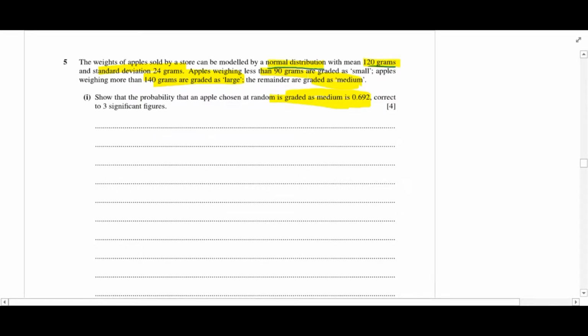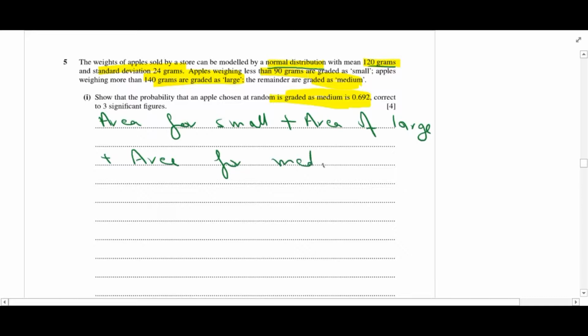As we know, the total area of the normal distribution is 1. So the area for small plus the area for large plus the area for medium would be equal to 1.